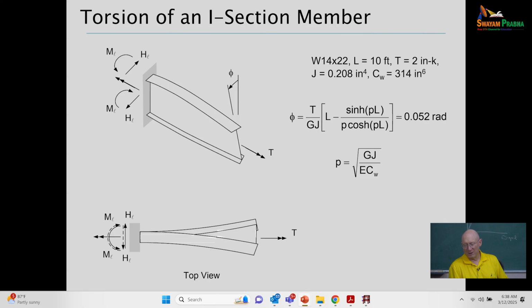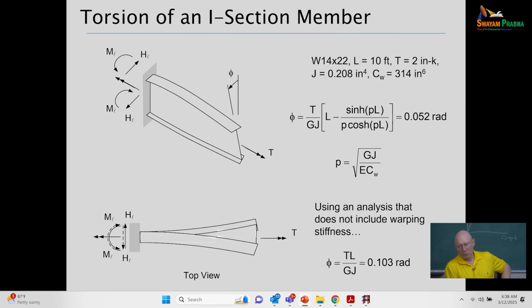And so again, I have this in imperial units. So this W14x22, this is 14 inches deep nominally, 22 pounds per foot, is 10 foot long. And so if we put a 2 inch-kip torque on the end of this, we get a 0.052 radians rotation from that calculation.